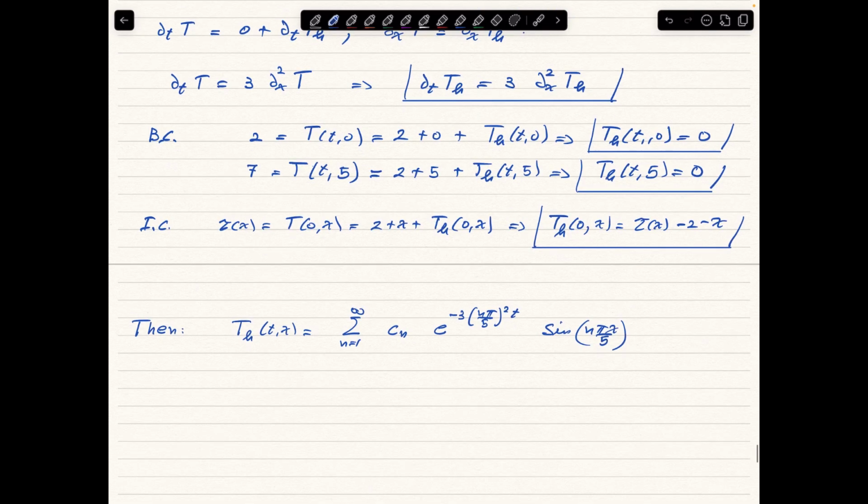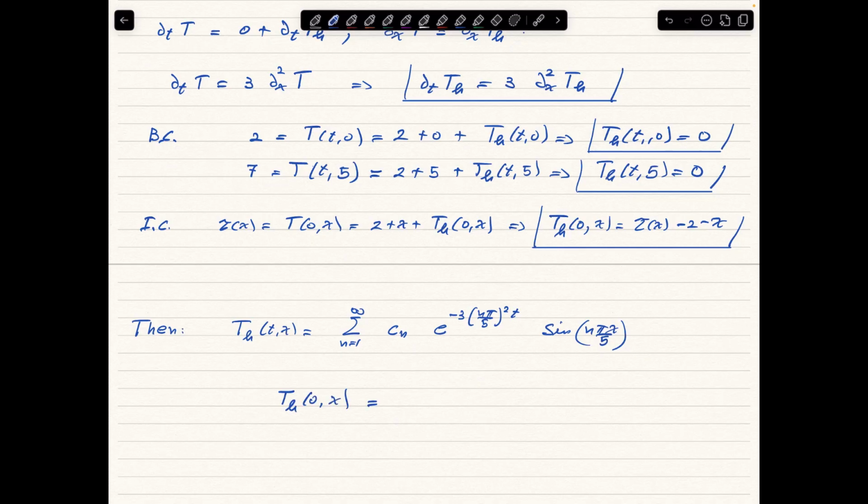So when it comes to computing the coefficient Cn, what we need to do is evaluate this at 0, so the exponential is going to disappear. Then we are going to have TH at 0, x.